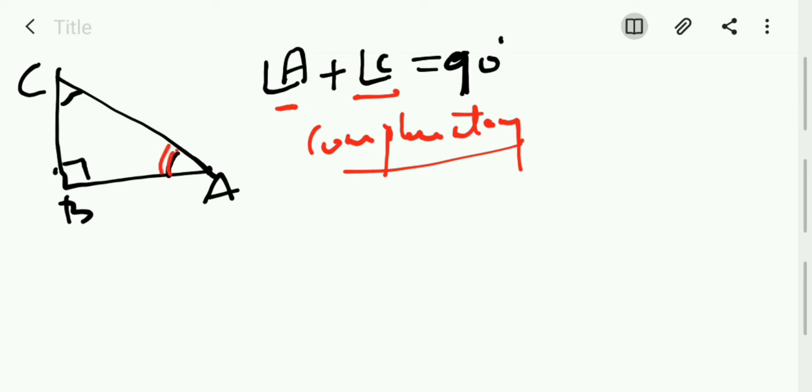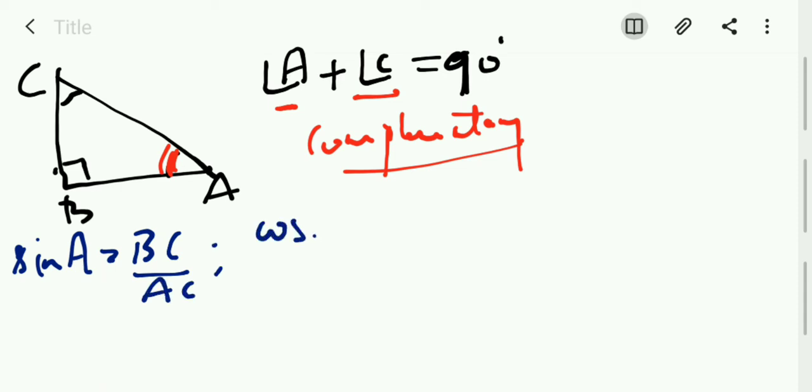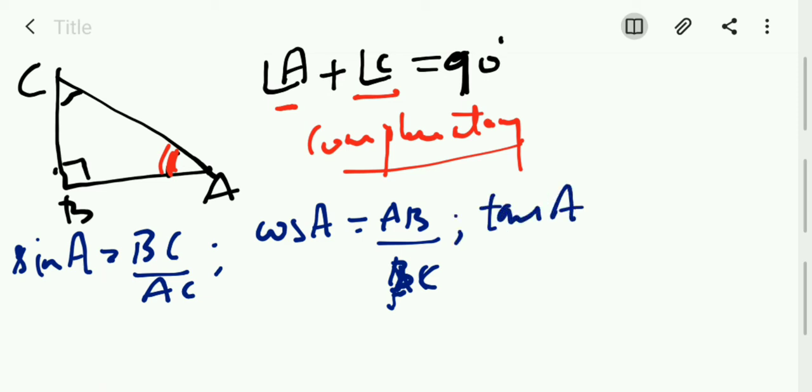Now let us consider first angle A. So let's write the trigonometric ratios for angle A. Now sine A. What is sine A? BC by AC. And what is cos A? AB by BC. Sorry, AB by AC. And what is tan A?